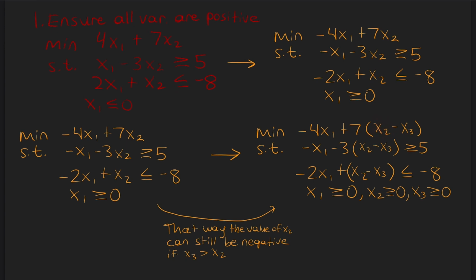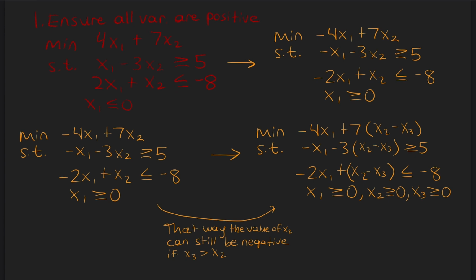So if we define x2 and x3 to be non-negative, then x2 minus x3 can still be positive or negative, but both variables have to be positive. And the way that x2 minus x3 can still be negative would be if x3 was greater than x2.